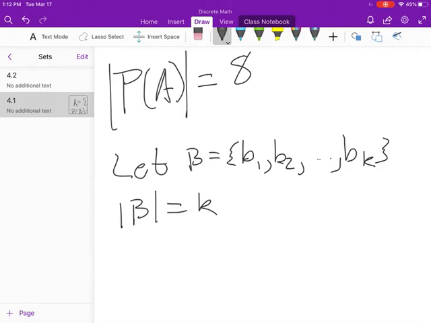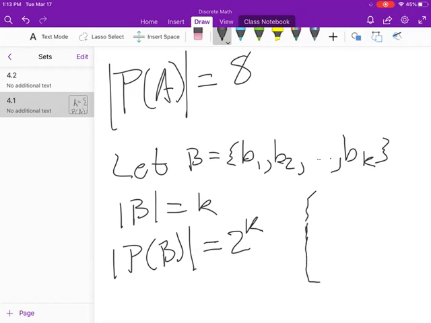Now, if I wanted to find the cardinality of the power set of B, this is an interesting theorem that comes up: it's 2 to the power k. Perhaps we'll prove this at some point when we learn how to do induction proofs, because induction makes this proof, which is not trivial, much easier than doing it another way.